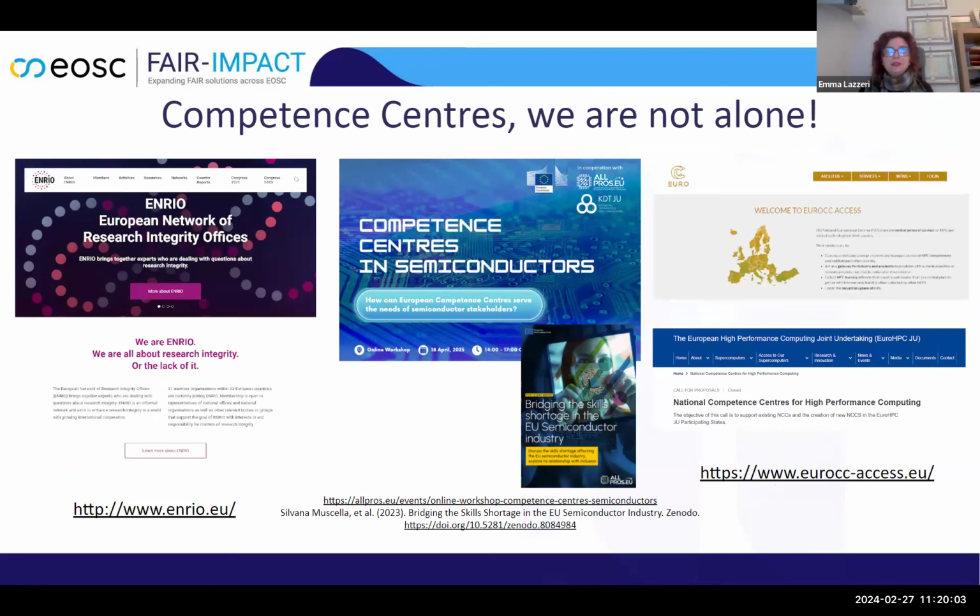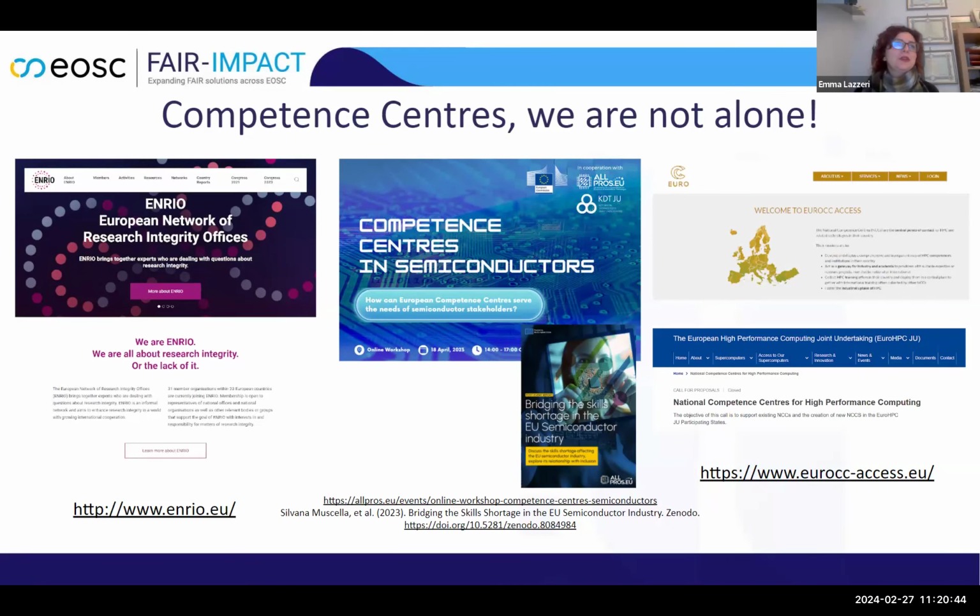We have identified some examples that we have been inspired by, particularly in the European context, but in other fields that are linked or sometimes not very close to open science and the IOSC one. So you may be familiar with ENRIO, which is the European Network of Research Integrity Offices. This is a network that has inspired the construction of the Skills for IOSC network.